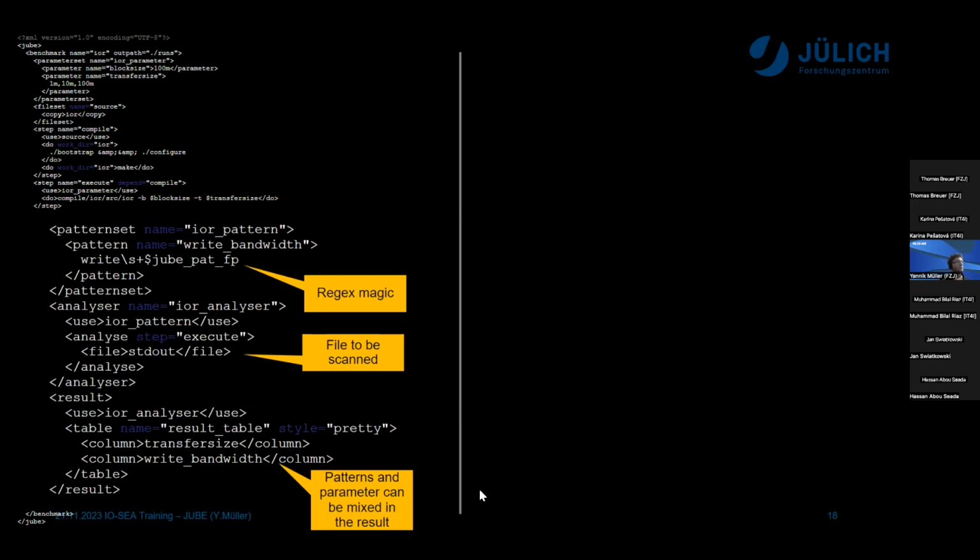So transfer size is the name of a parameter, and as I said, JUBE always remembers all the parameters that are being used for the execution. So we can print them out here, and we probably want to print out the input parameters. And then write bandwidth is the pattern that we hopefully successfully extracted from the stdout.